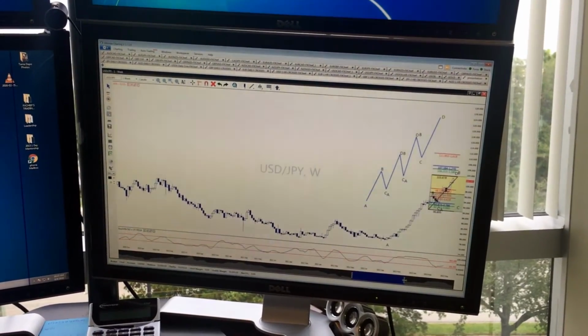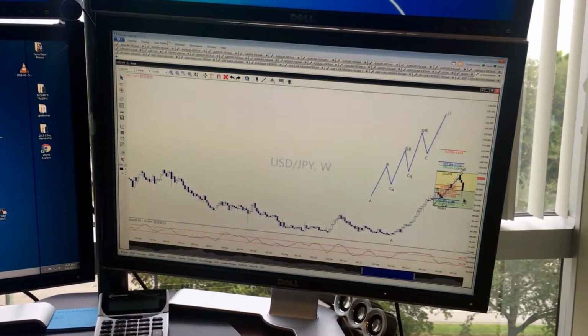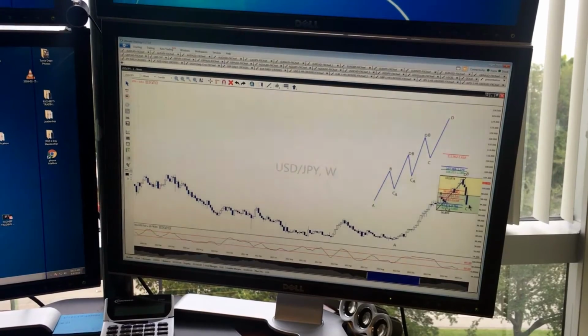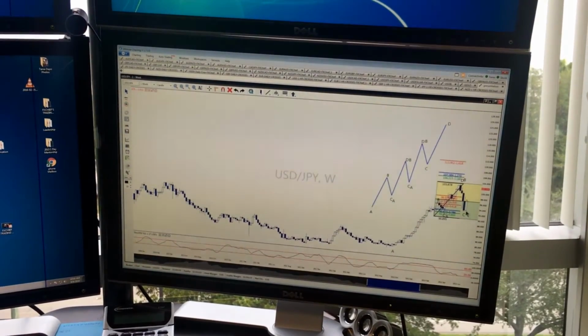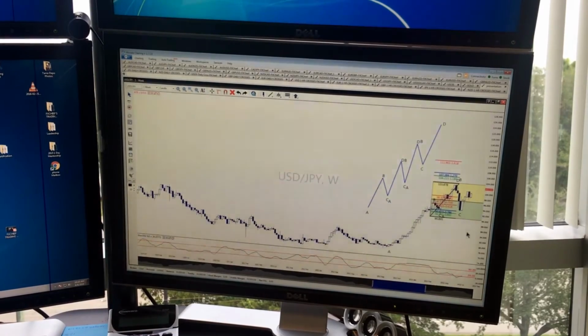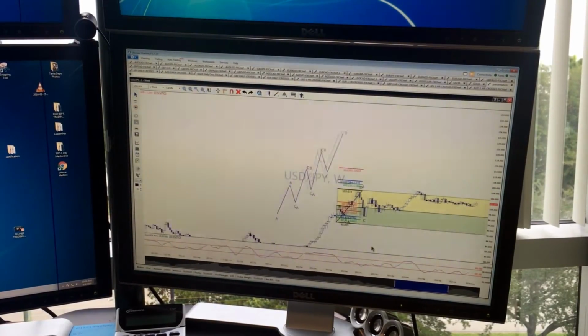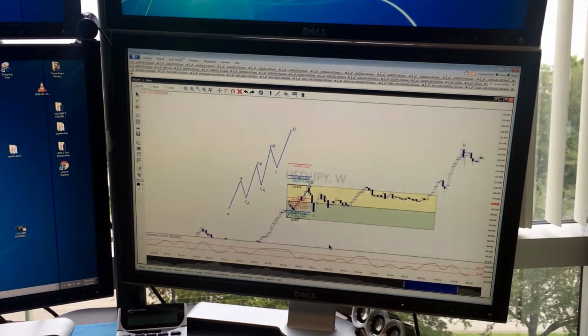Not here, not here. It's when it gets into the green zone that we're going to start buying. Now, if I start buying right here, did the market start to go my way? You darn right it did, didn't it?